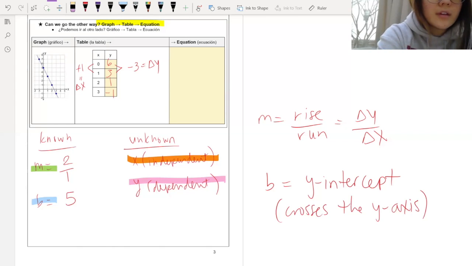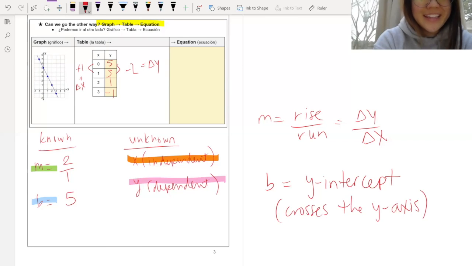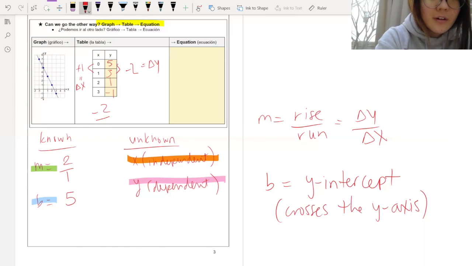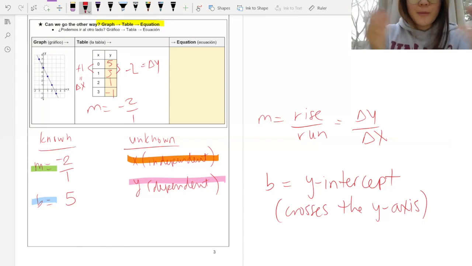oh, no wonder. This is supposed to be 5. My bad, that's negative 2. Our slope is going to be negative 2 over 1. Now, it's really important. I made a mistake here, right? This is supposed to be negative because our slope is negative.